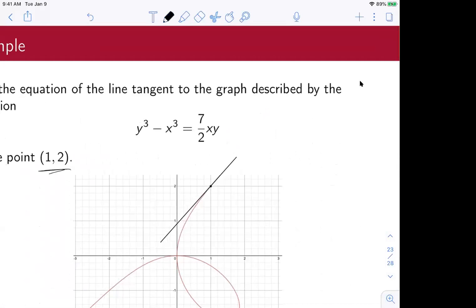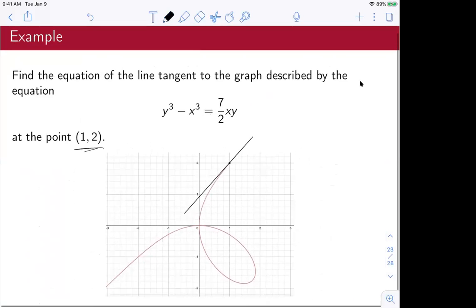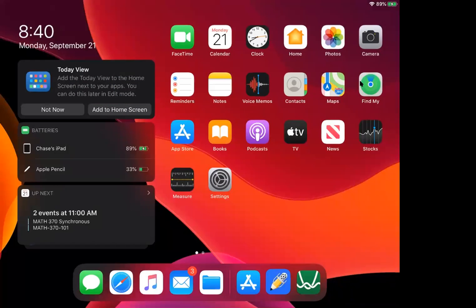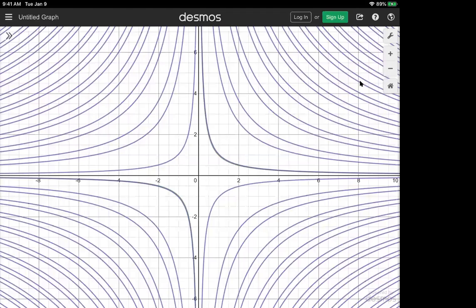So for a tangent line, I need what two things? Or really any line, I need a slope and a point on the line. And in this respect, implicit differentiation problems are actually even easier than before, because with an implicitly defined function, I can't just give you an x value anymore.